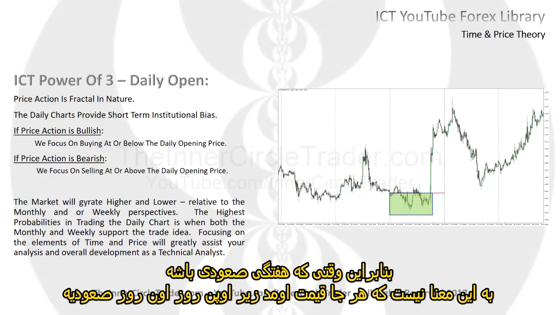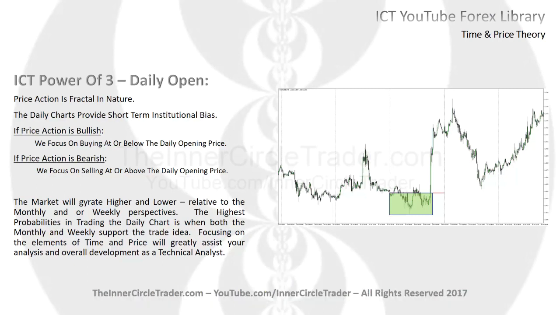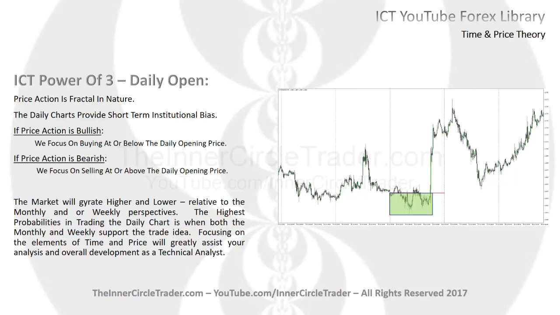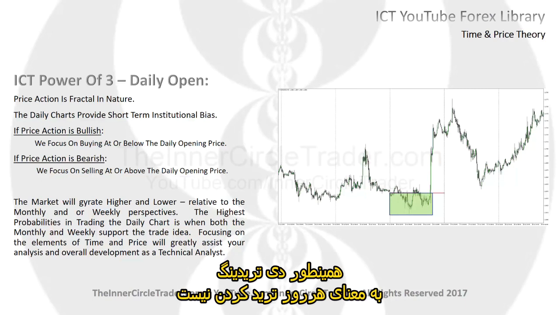Equally so, when the weekly is bullish, it does not translate into every day below the opening price being bullish. There's going to be times when you have to blend some analysis concepts to arrive at the highest probability setups. Even day trading is not everyday trading.